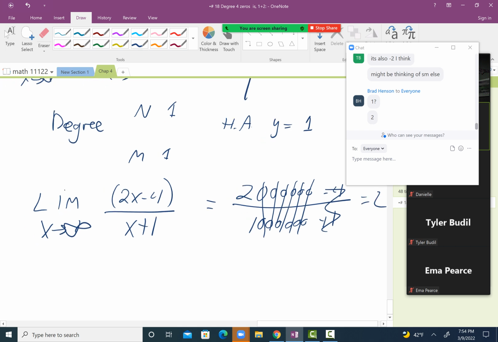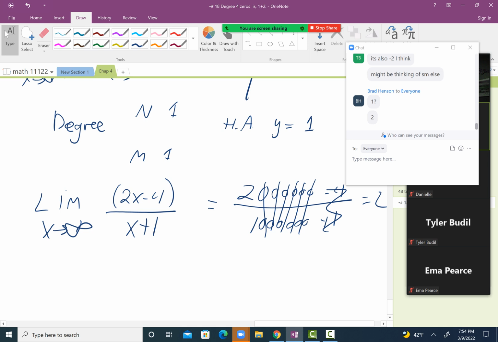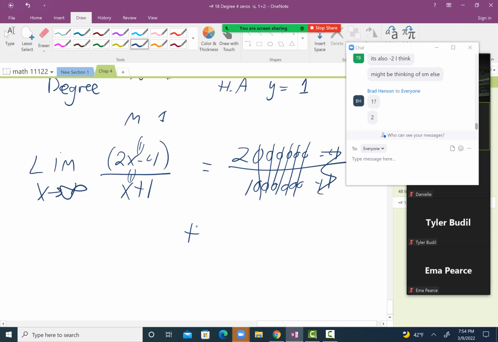But the degrees are both the same. This is 1, and this is 1. So what happens there is that, yes, you get a horizontal asymptote, but this one's at 2 because you have a 2 over a 1. So it really comes down to what is the division of those two.